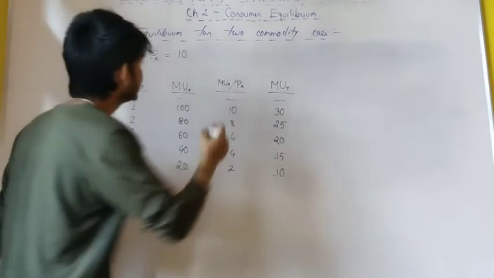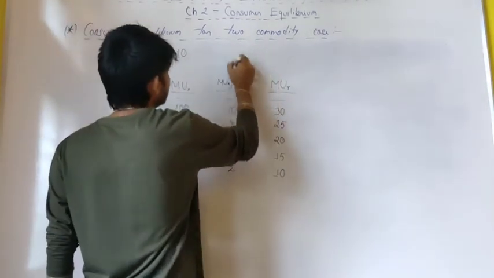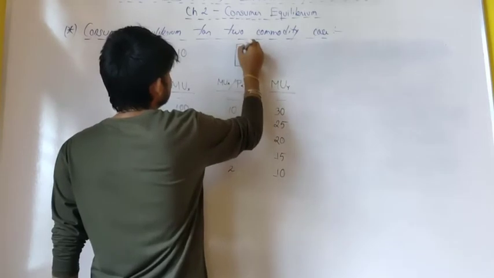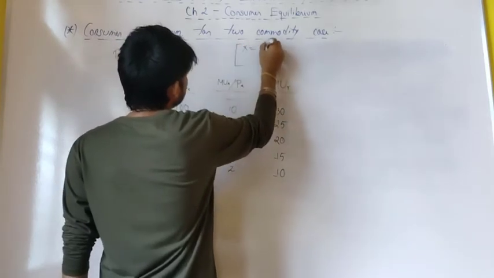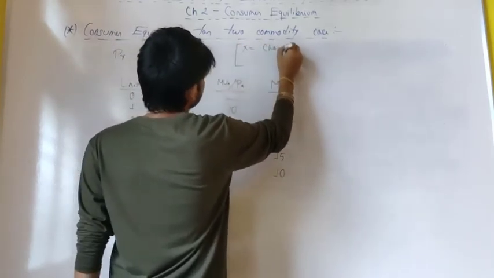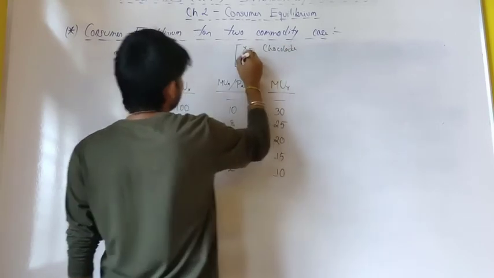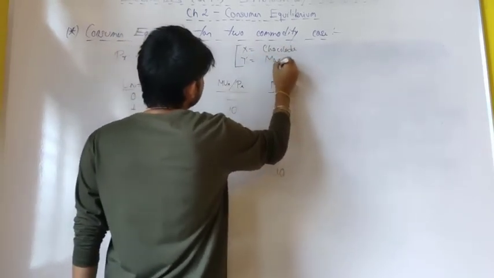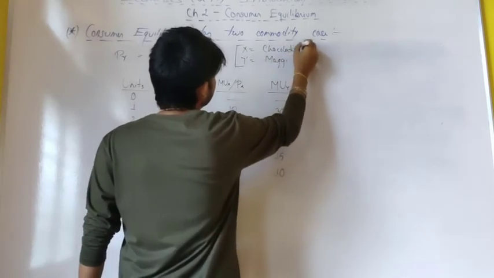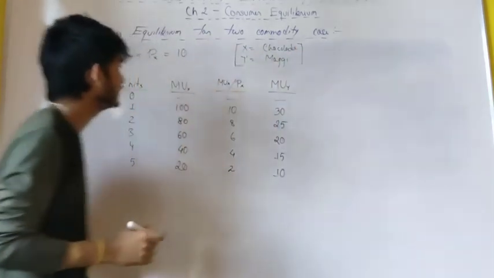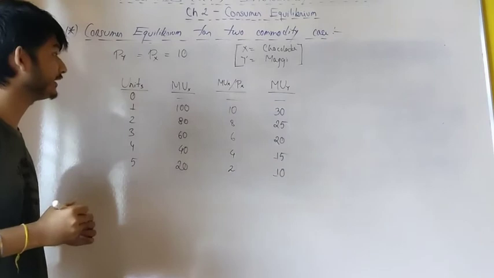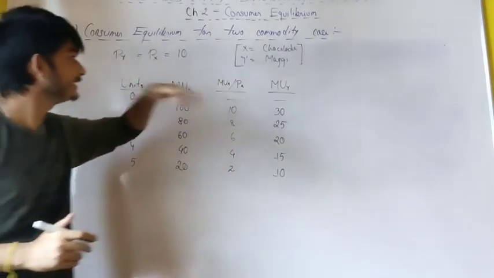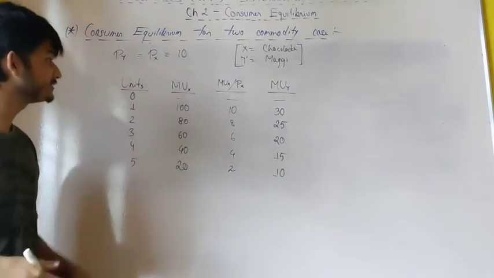So good X, let me give you an even clearer vision. X could be chocolate and Y could be Maggi. So you can now clearly visualize that chocolate is also sold at rupees 10 and Maggi is also sold at rupees 10 itself.